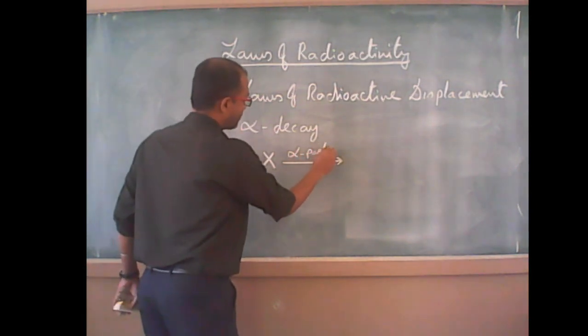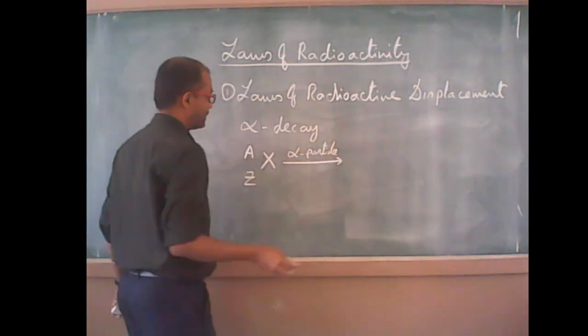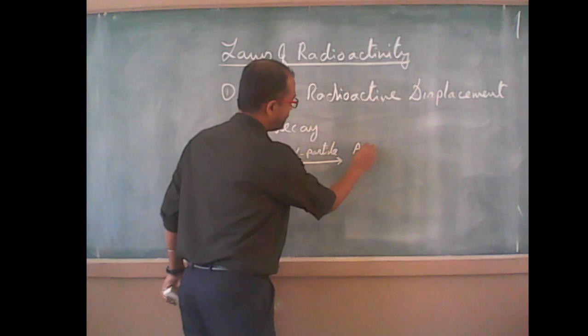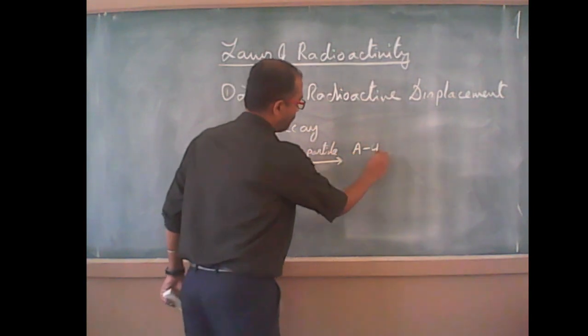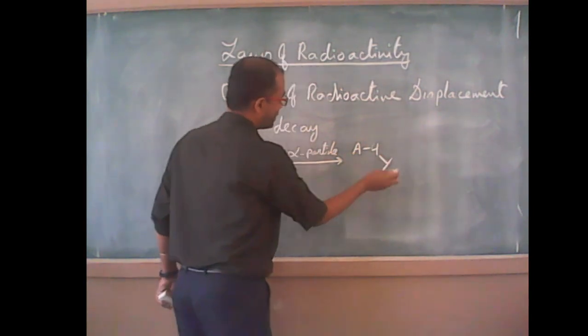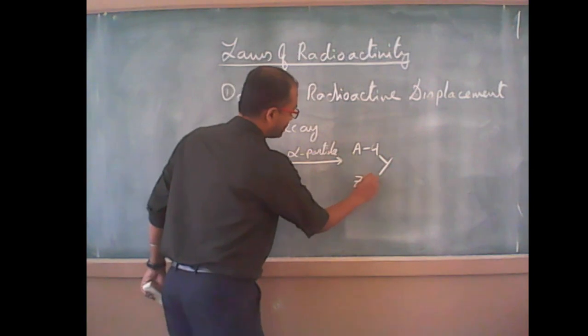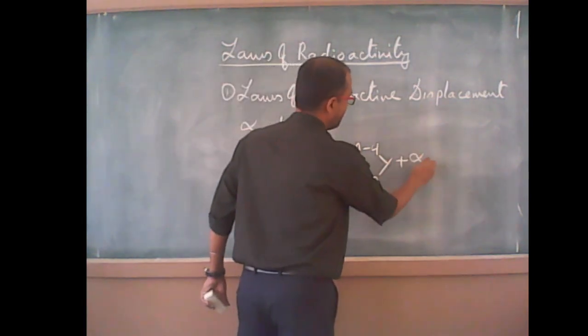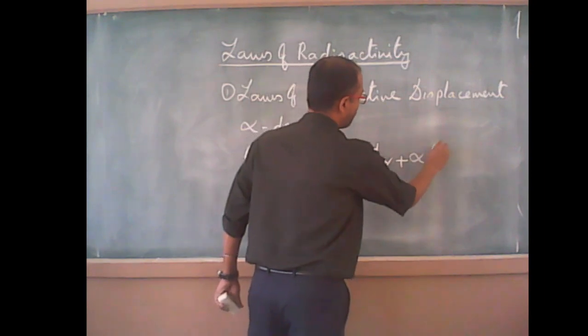If it emits an alpha particle, what will happen here is the mass number of the element reduces by 4, so the element changes, and the atomic number reduces by 2, plus the alpha particle. So alpha is nothing but 4He2.